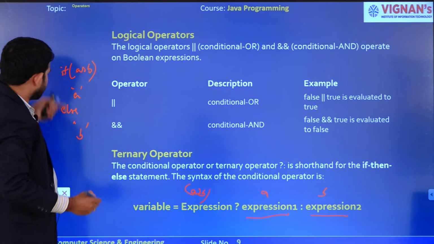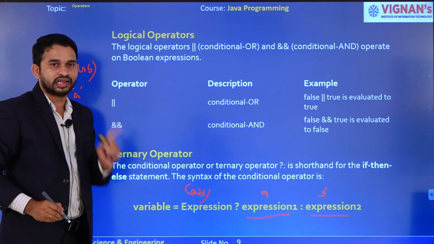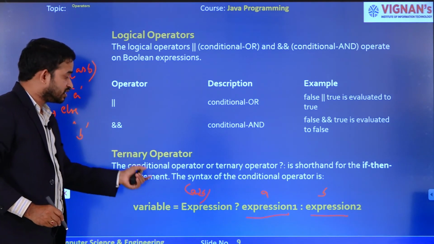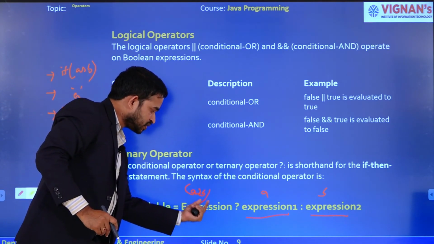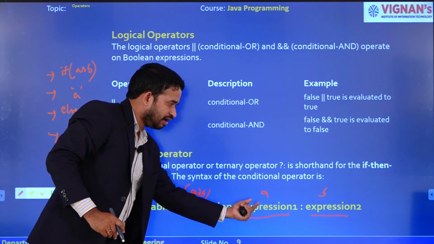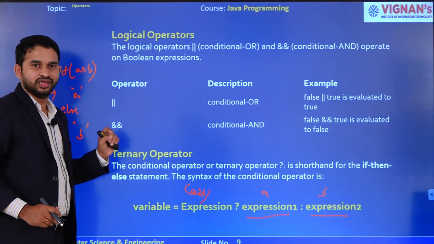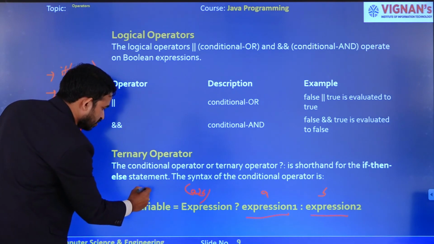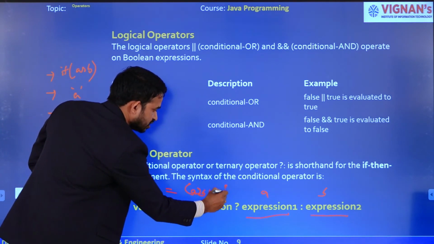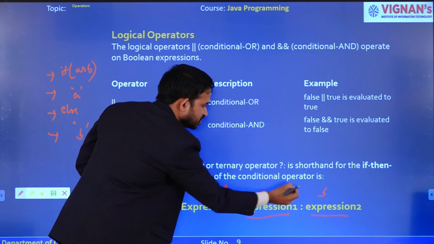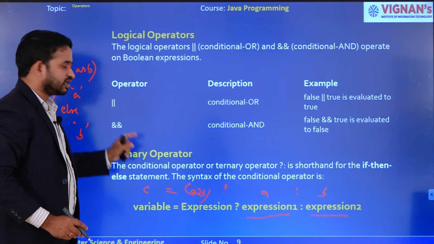So how many lines of code are we writing there? 4 lines of code. Here in a single line I complete the entire statement, right? That is the purpose of the ternary operator. It gives an expression: if the expression is true, the true value, or else the false value. So this is the syntax of declaring a ternary operator. So clear, right? For example, C equal to A greater than B; if the condition is true, A, else B. This is about the ternary operator.